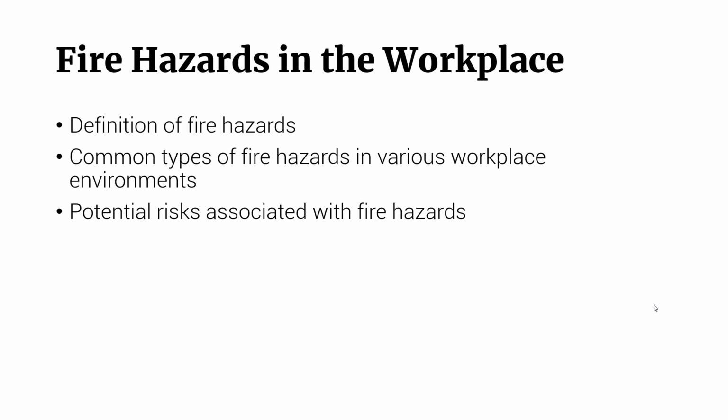Okay? So ano ba itong common types of fire hazards na ito? Combustible materials. For example, paper, wood, plastic that can easily ignite and fuel a fire. So that's the first one. The next one is electrical faults.